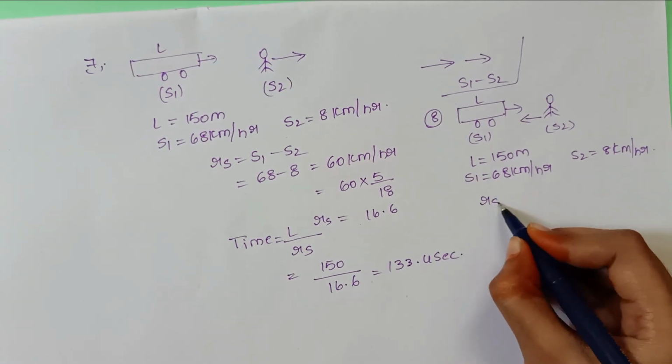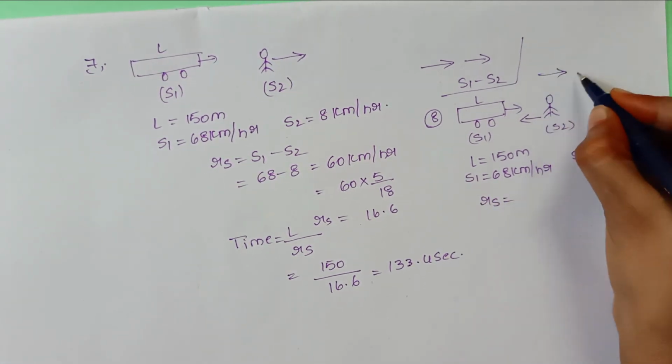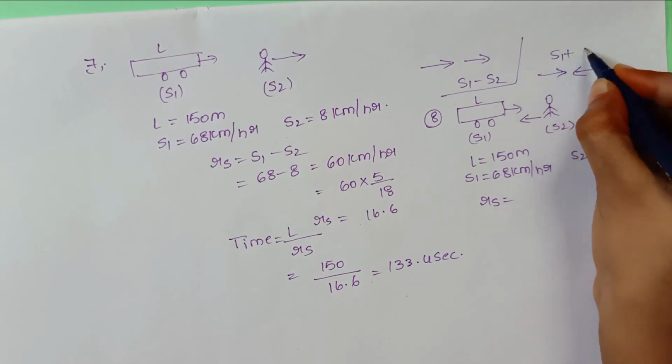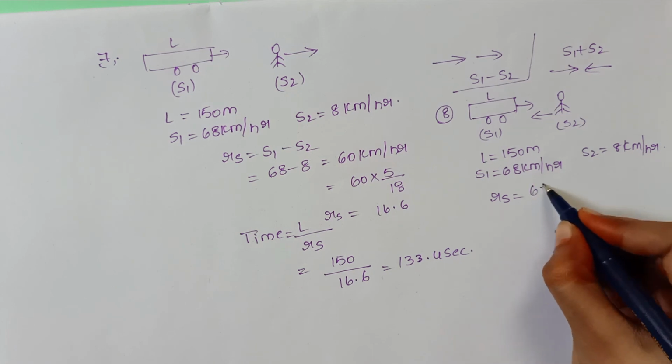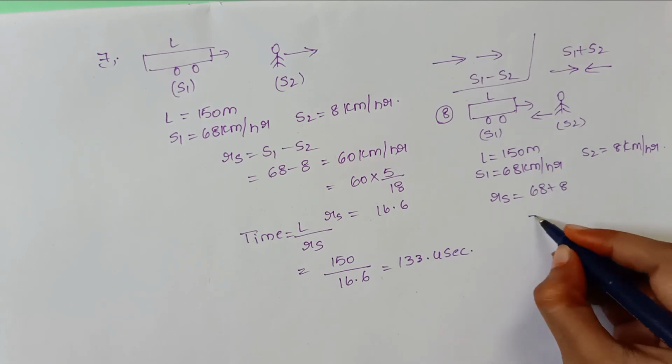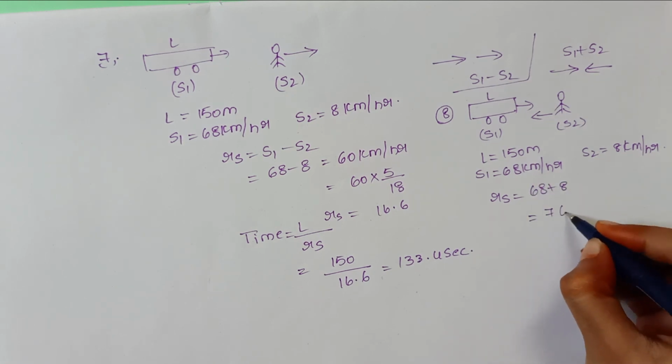Now, RS is equals to, when they are moving in opposite direction, S1 plus S2, where 68 plus 8 is equals to 76.